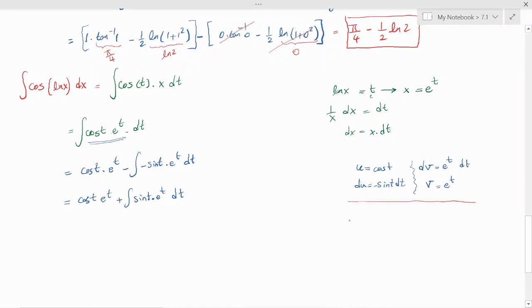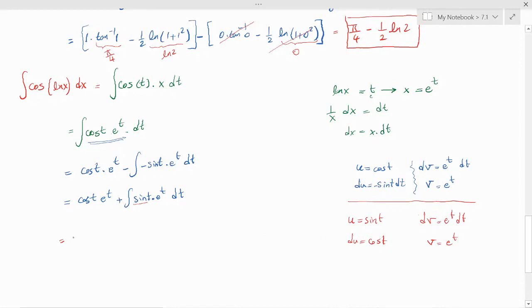Again, I'm going to call this u. In the second integral, I'm going to let u equal sine t, and on the right side, I'm going to pick dv equal e to the power t dt. So du would be cosine t dt, and v would be e to the power t.